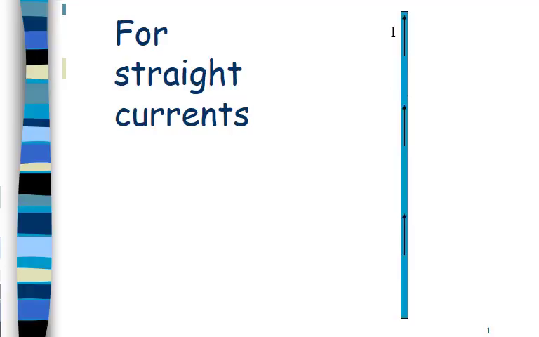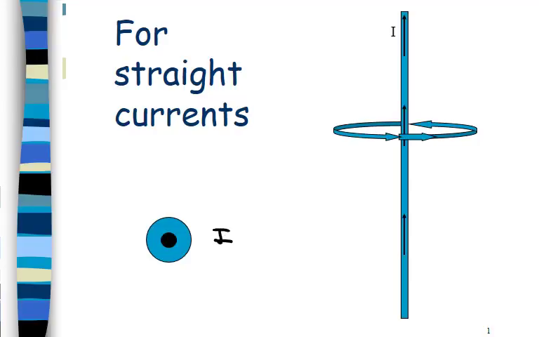Okay, so here's a wire with current going up, and the field would look something like this. So coming around the front, around the back, and this may help visualize it a little bit. What I want you to do is go ahead and draw a wire with a dot, and this represents the current coming out of the page. So I is coming out of the page. Remember, dots represent out of the page or out of the screen here.